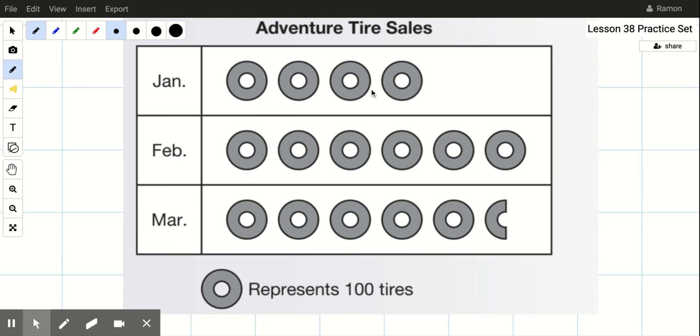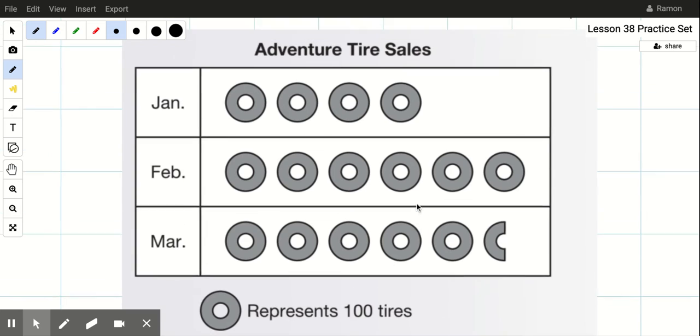Like we could say, in these 3 months, we have a total of this many, but it doesn't give you the exact value, which can make it difficult to solve problems where we want exact values. It's also important to look at the legend, because otherwise you're thinking they sold half a tire or they sold the letter C, either one of which probably wouldn't make sense for a tire shop to do.